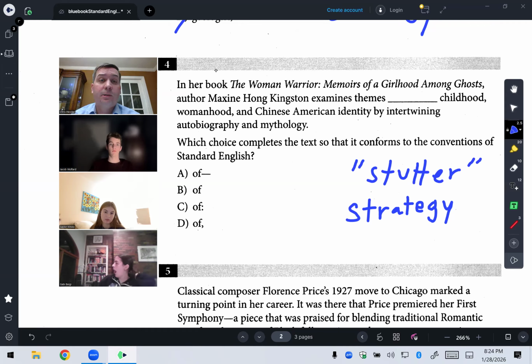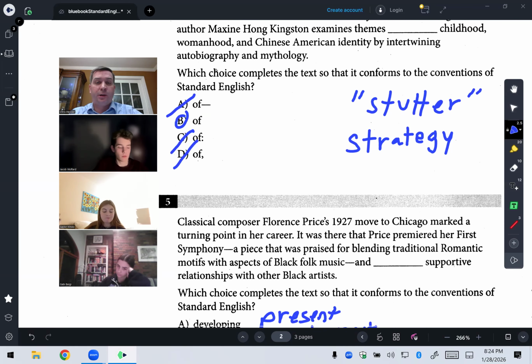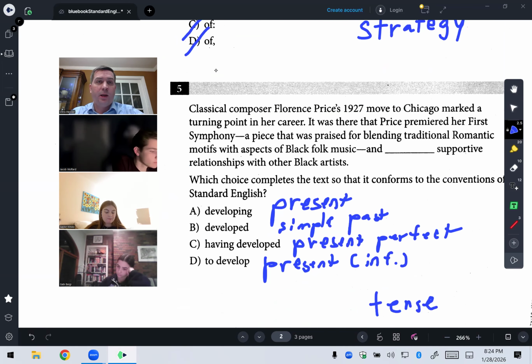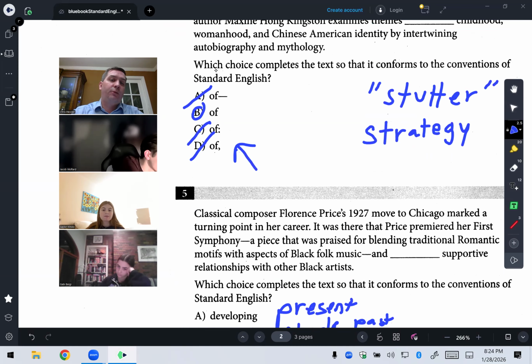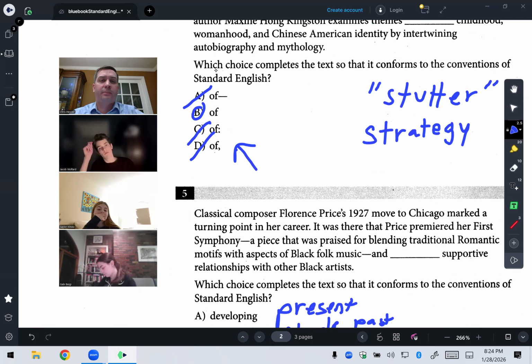Or would you say this? In her book, The Woman Warrior: Memoirs of a Girlhood Among Ghosts, author Maxine Hong Kingston examines themes of childhood, womanhood, and Chinese American identity. Makes this question so much easier. So I use that strategy all the time. You can do it anytime you see the only difference is punctuation, just try it.